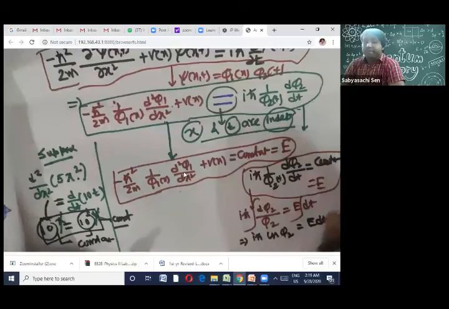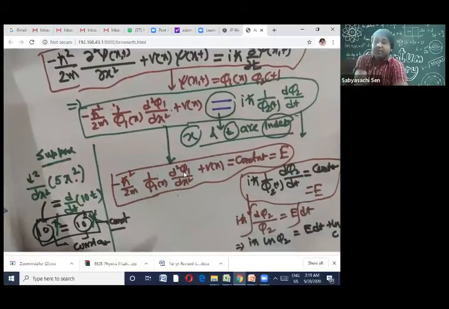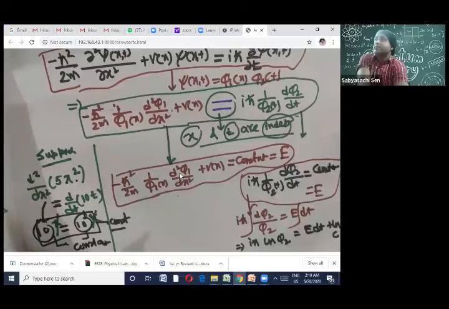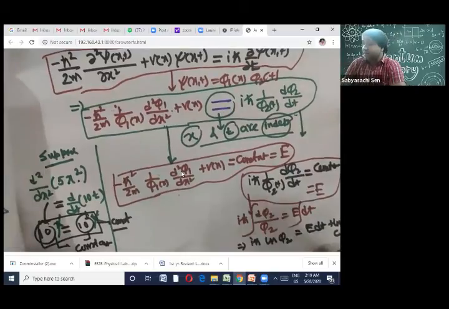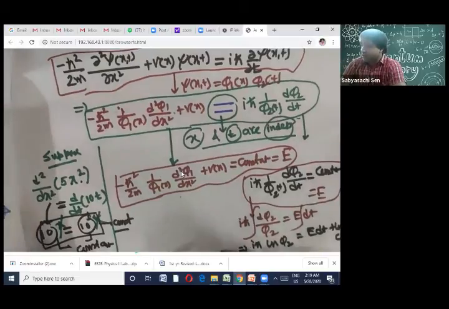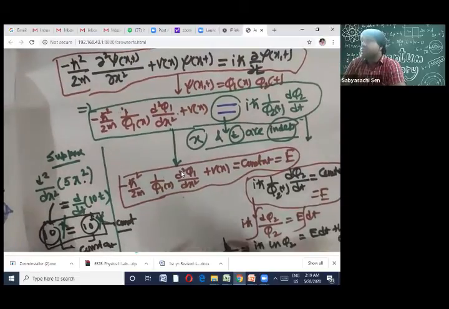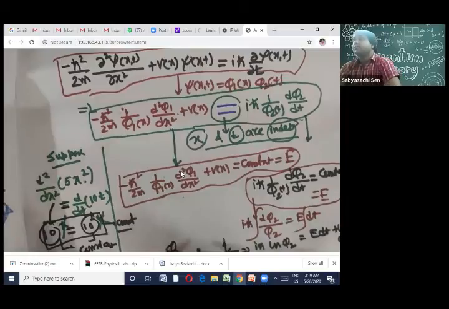So these are easily solvable. From here, obviously, you can get phi 2 easily. Phi 2 will be this much.